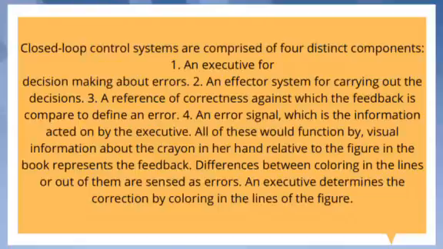Four, an error signal which is the information acted on by the executive. All of this would function by visual information about the crayon in her hand relative to the figure in the book representing the feedback. Differences between coloring in the lines or out of them are sensed as error. An executive determines the correction by coloring in the lines of the figure.